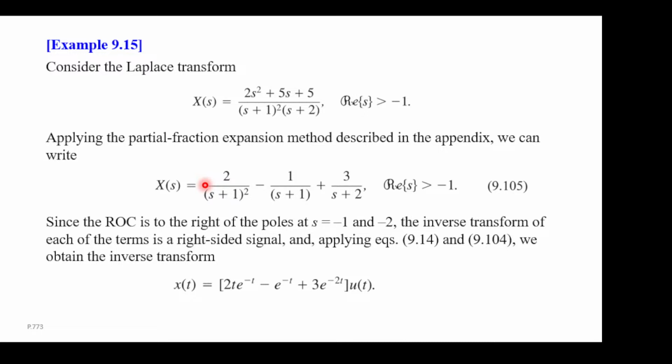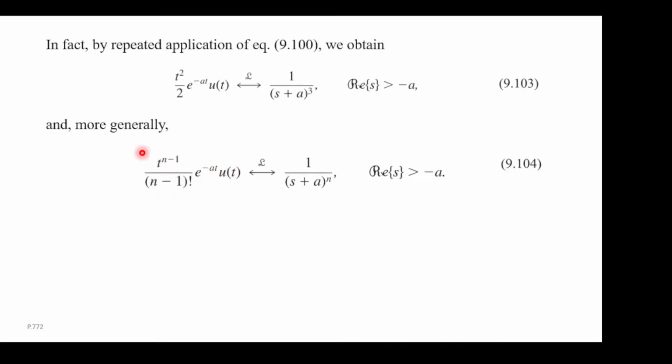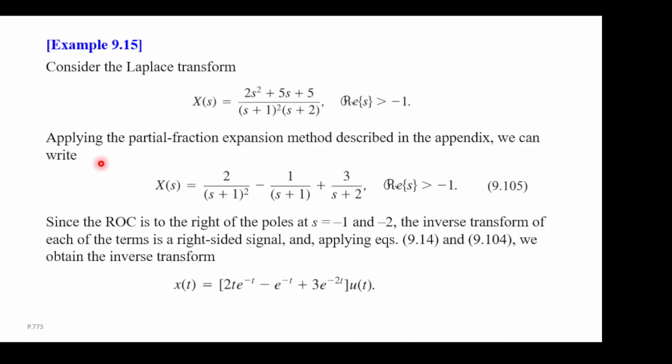We just completed that because we have the differentiation property, so we can derive all those inverse Laplace transforms of 1 over s plus a to the nth power. And what you do is you do partial fraction expansion as before, and you need to look at your ROC carefully, whether it's to the right or left of every pole.